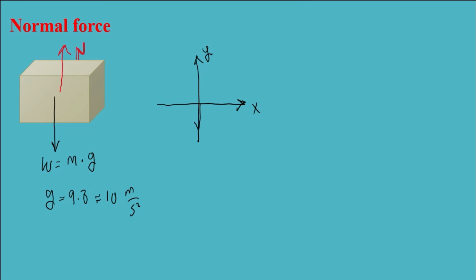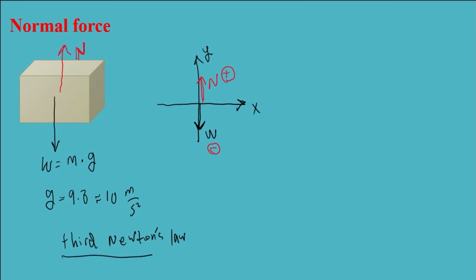Weight is downward, like here, W, and N must be in the opposite direction, which is positive. So my W is negative and my N is positive. This is for the object which is at rest. So this is the third Newton's law.